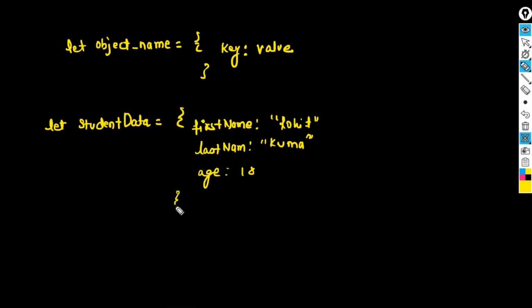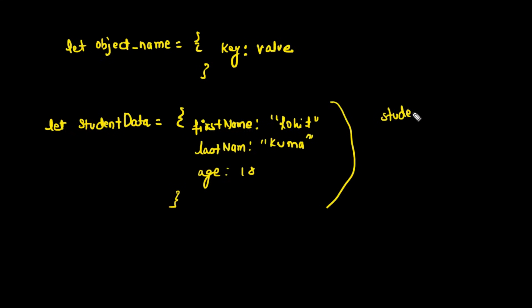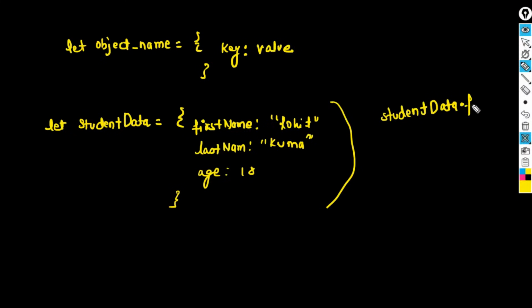If you think that number is going to work, no. Here it is not going to work with the number. Here, in order to print this data, you have to write the name like this: student data dot and the key you have to write.